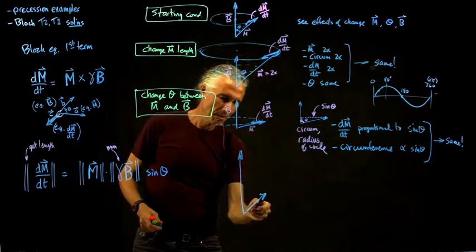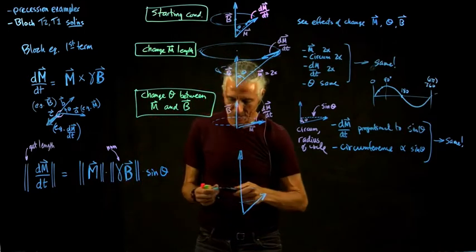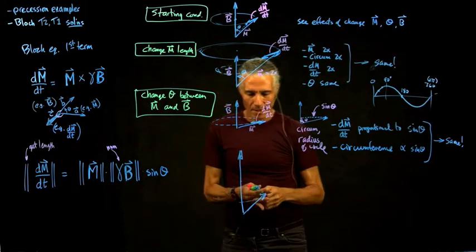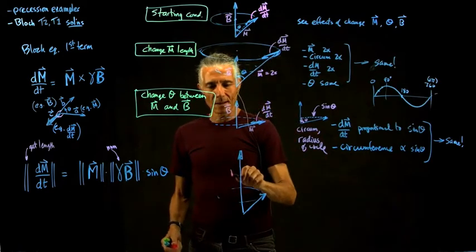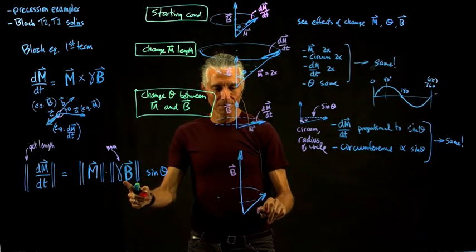Now here's the precession circle, which will be the same as the original precession circle. But now we just increased B by a factor of 2. So there's the angle.